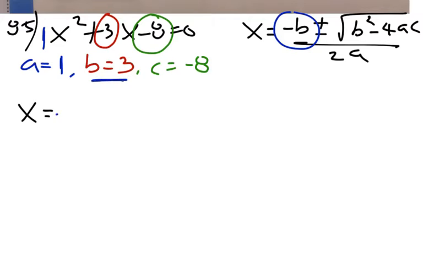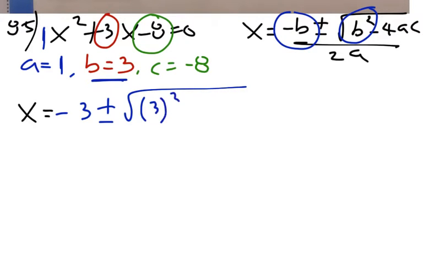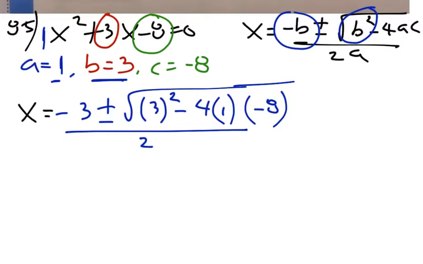B is 3, so I have -3 plus or minus square root of b squared, so I'm going to have 3 squared, minus 4 times a, which is 1, times c, which is -8. All that divided by 2 times 1.